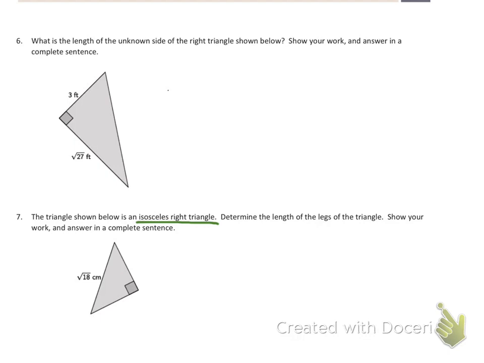So for problem 6, it is the hypotenuse that's missing because we know it's the side opposite the right angle. And so our relationship that we're working with here would be 3 squared plus the square root of 27 squared. We know that's going to be equal to c squared because we've been given that it's a right triangle.